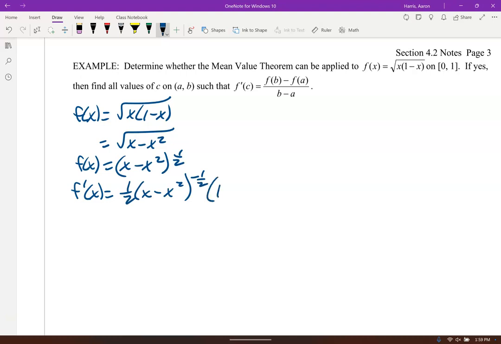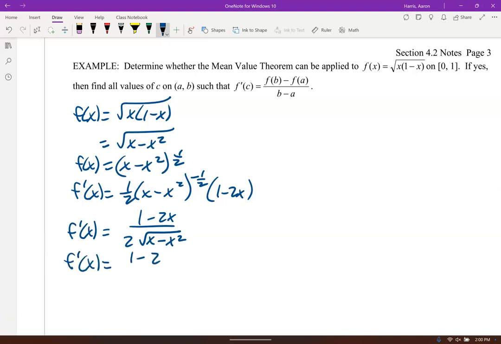Derivative of the inside, though, is 1 minus 2x. So I got 1 minus 2x over 2 square root of x minus x squared. That's my derivative, or if you want to put it as 1 minus 2x over 2 square root of x times 1 minus x, it's the same thing.